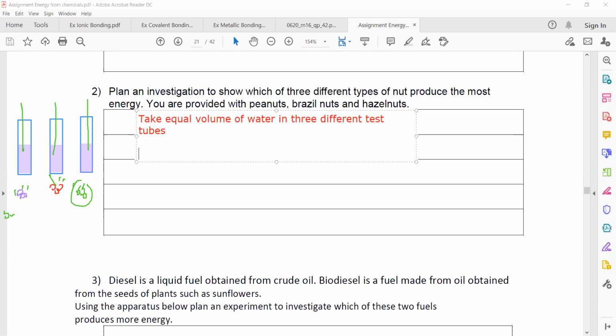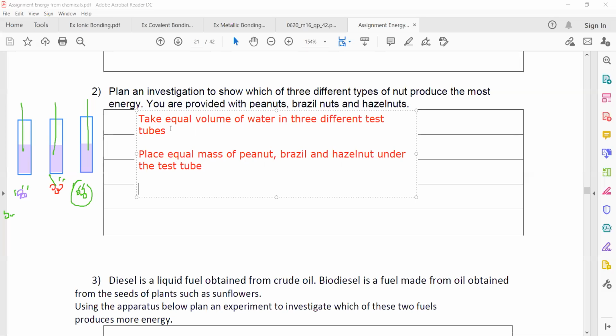Then place equal masses of nuts, peanut, Brazil nut, and hazelnut, under the test tubes.